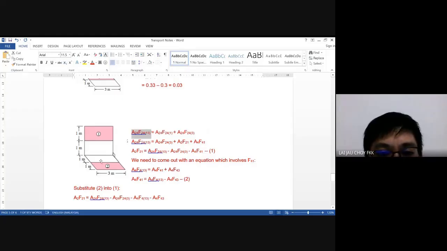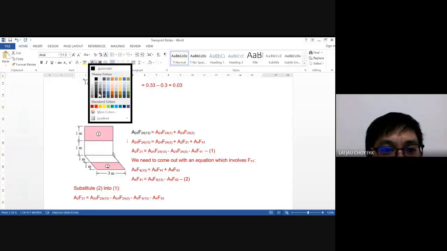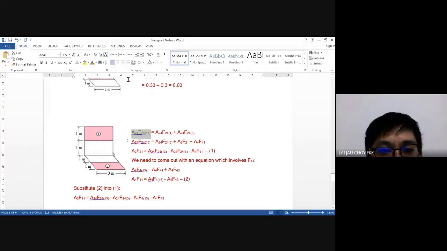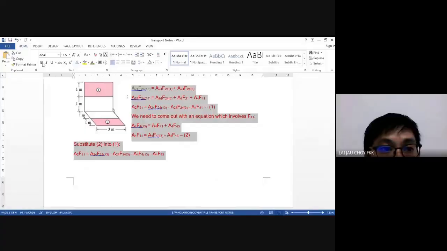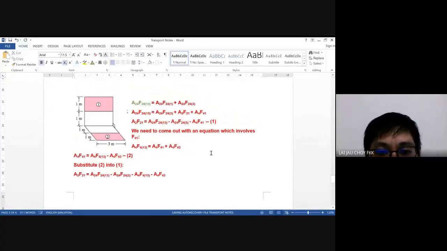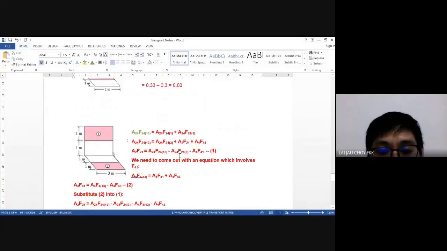Yes, because 24 and 13 are adjacent. So this part is safe. I color it green. Because F2413 we can get from the chart, this part is considered solved. Because A24 we can also get. A24 is 3 times 2, so 6 square meters.